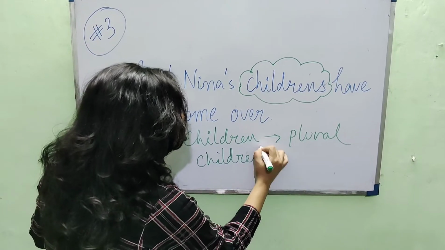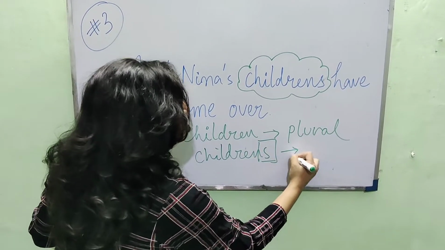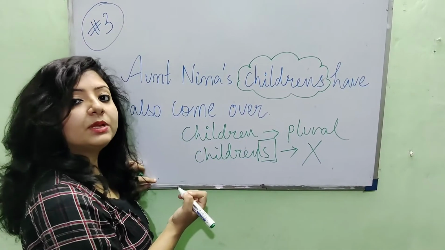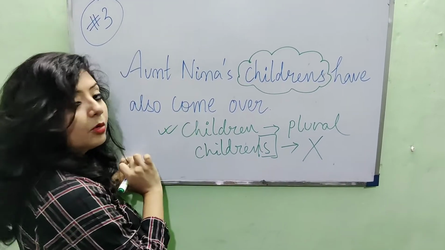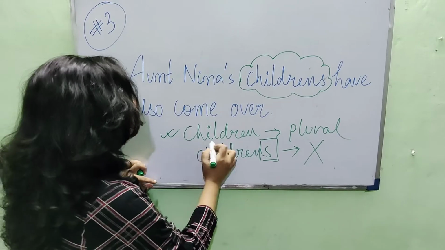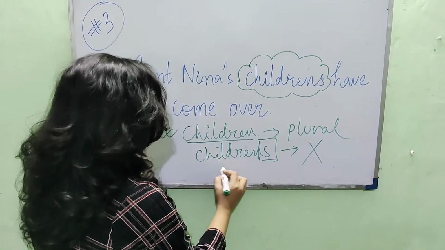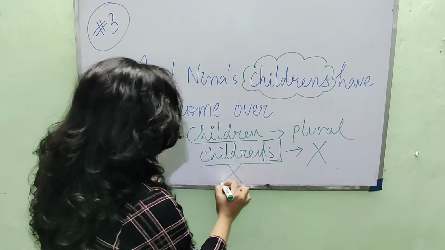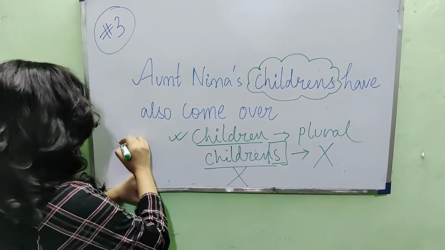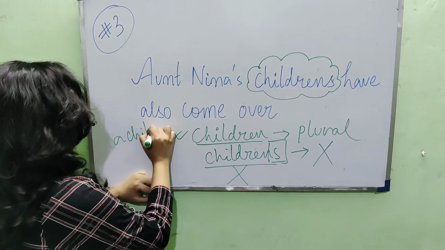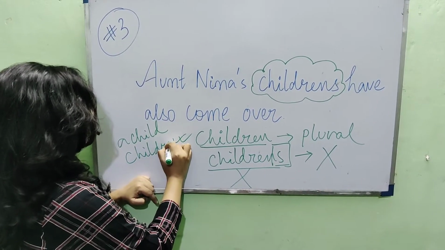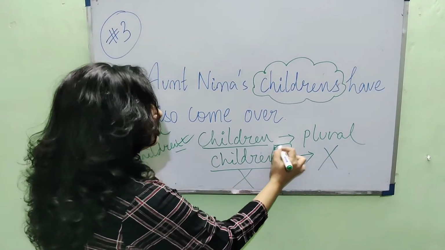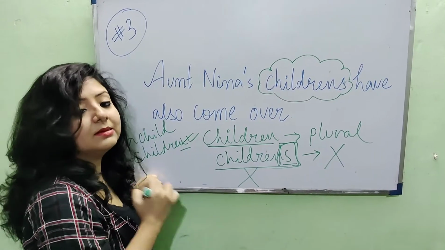This is an extremely common error and this has to be avoided at all costs, okay? When you want to say more than one child, you will use the word children and you will not use the word children's. So, a child, more than one child, you want to say children and not children's. So, that's the third error.